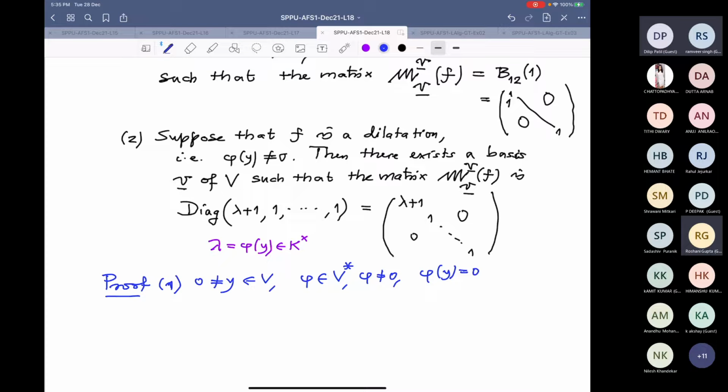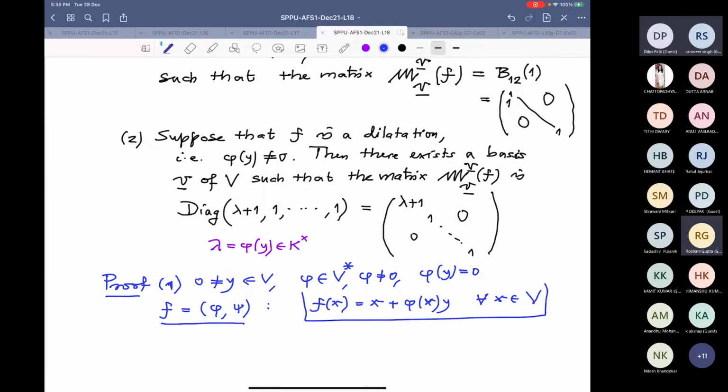This is lambda of f. So lambda of f is what I denoted lambda. And my f is this. This notation, phi y, what does that mean? That means this equation, f of x equals x plus phi x times y. And this is for every x in V. This is the meaning of this notation.